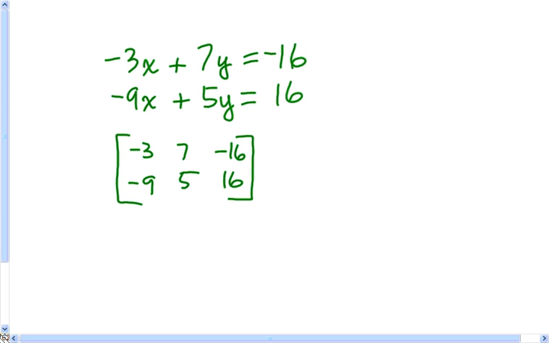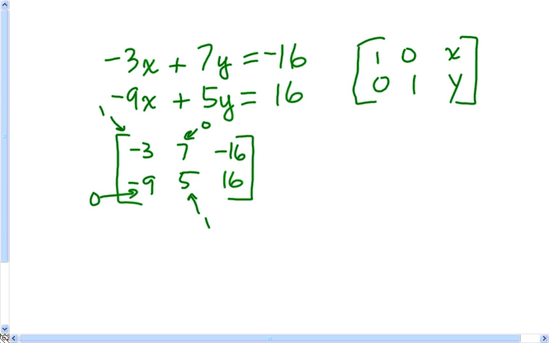Then we're going to do some row reductions till we get a solution matrix, which means I have a 0 there, a 0 there, a 1 there, and a 1 there. Basically this matrix, 1, 0, x, and 0, 1, y, represents the solution.